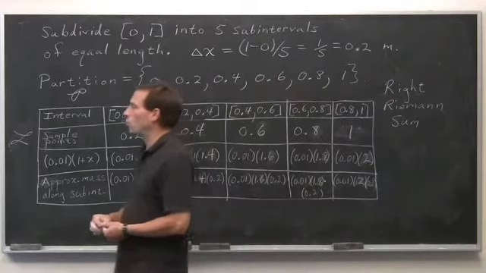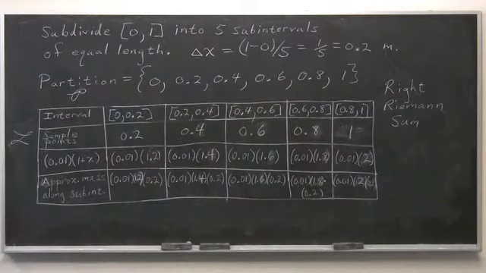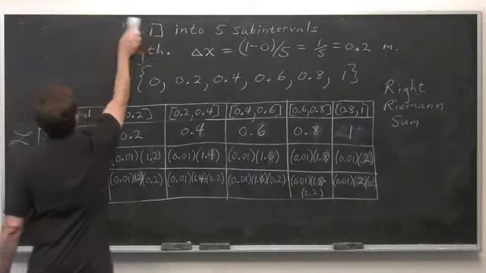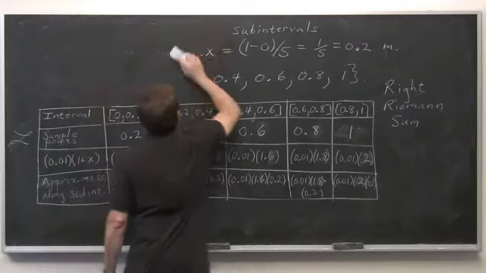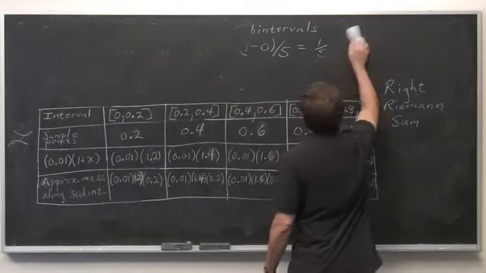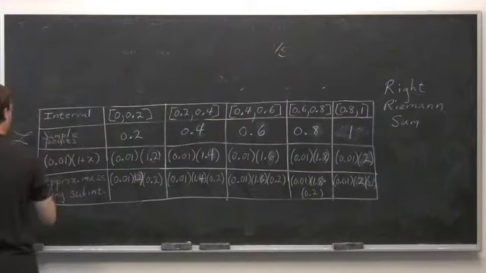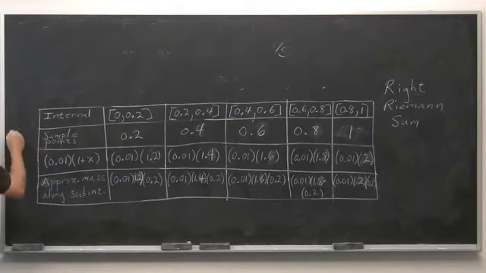Great. So what will that give us for our Riemann sum? So another approximation for the mass. Well, so now I'll call these sample points the right.